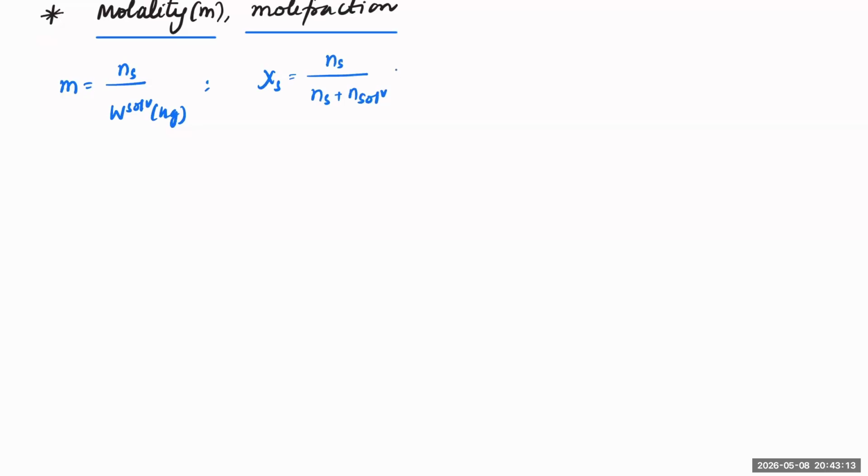Now I can actually write the mole fraction in this form. So 1 by xs will be equal to ns plus n of solvent by ns, which is equal to 1 plus the number of moles of solvent by the number of moles of solute.